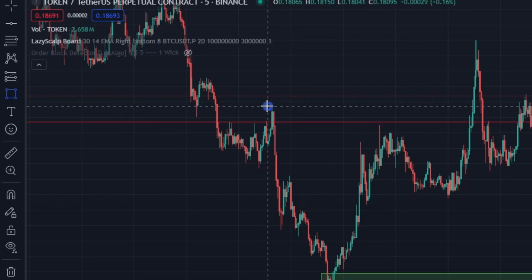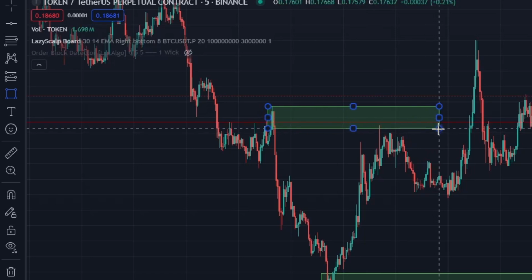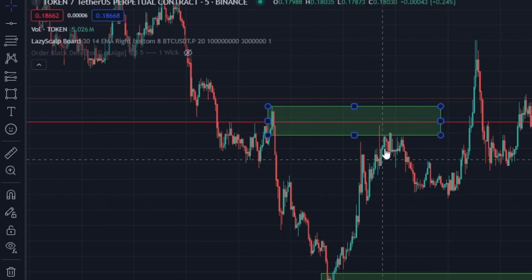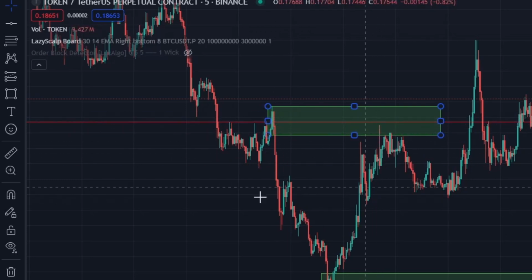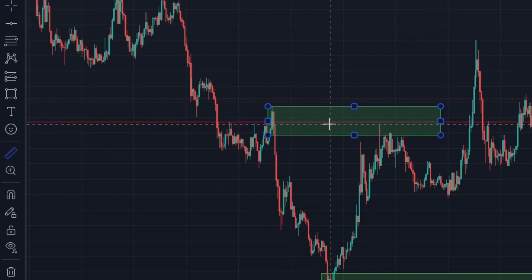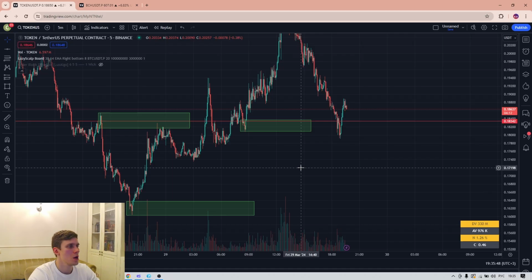This is our order block as well. Absolutely ideal. And as you see, there was a workout: we got back to this area and we pulled back from this order block. There was almost 3% of movement.